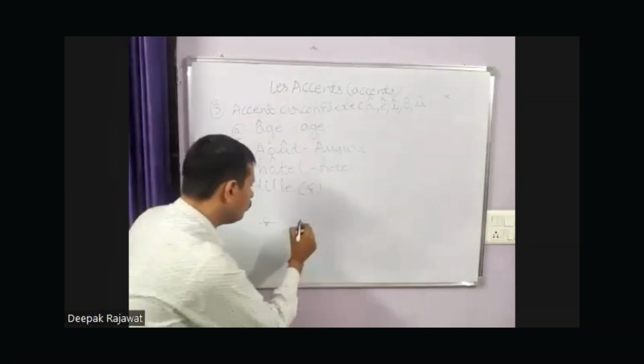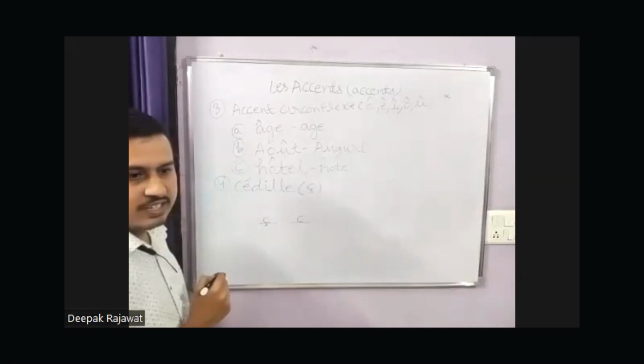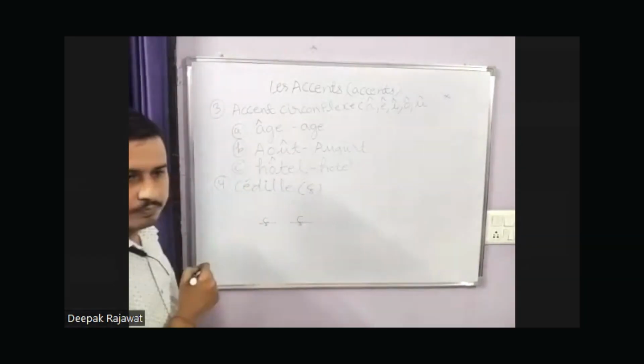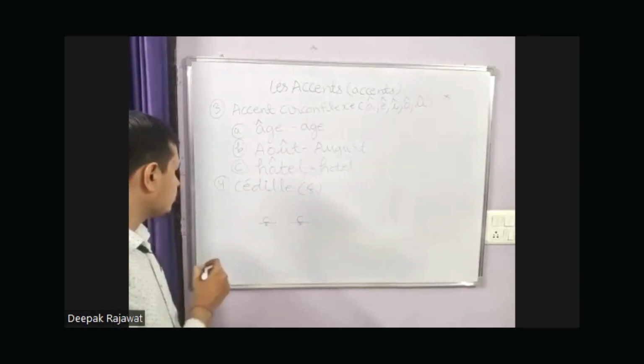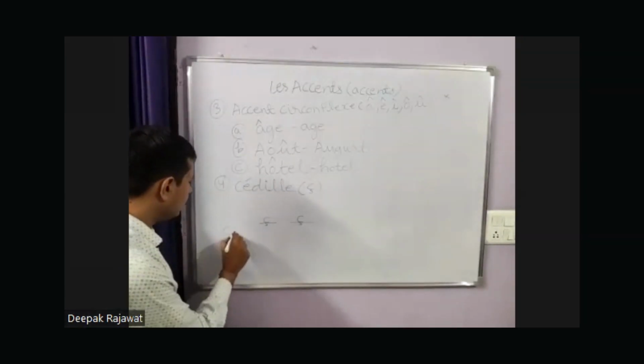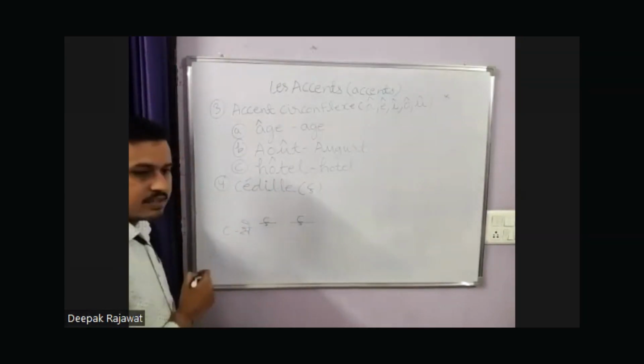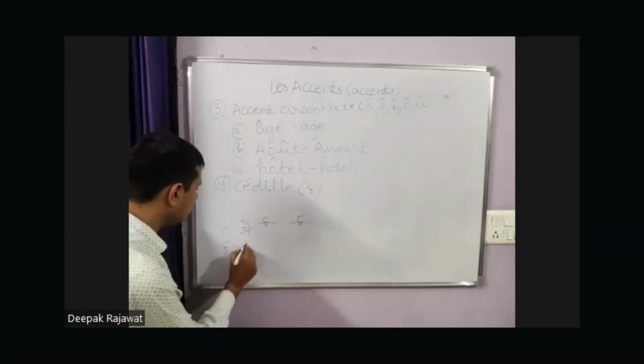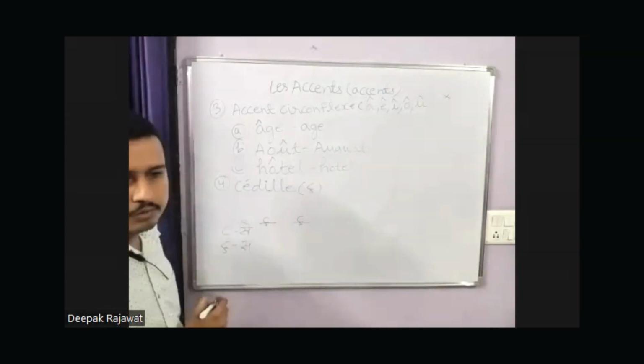You have to draw letter C and then put a small s. Again, have a look. The pronunciation of C is 'say', but when we put this accent, it becomes 'so'.